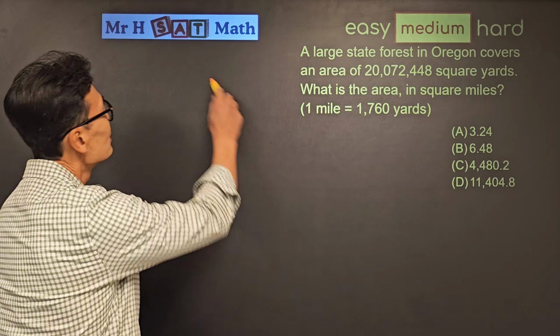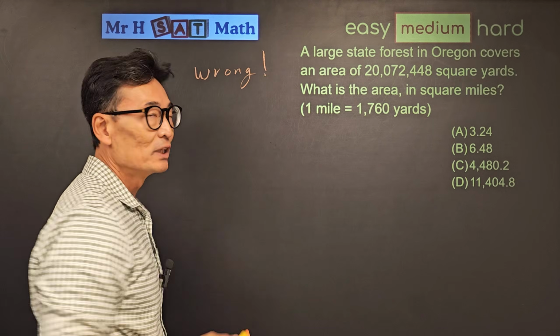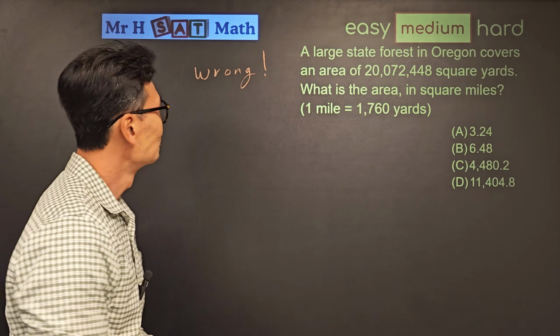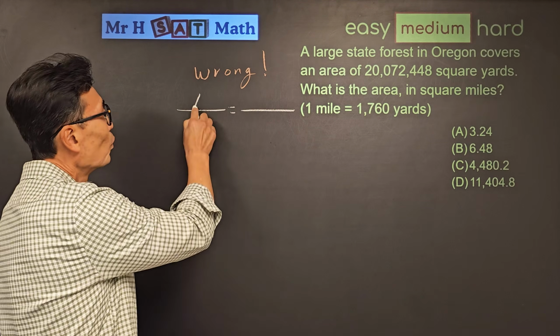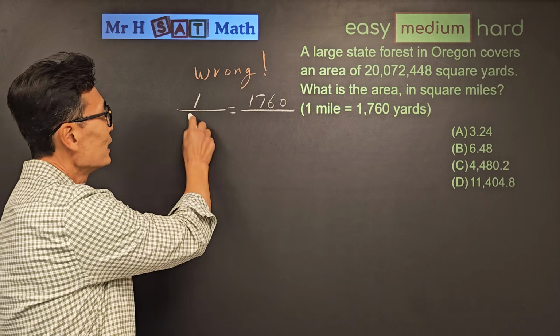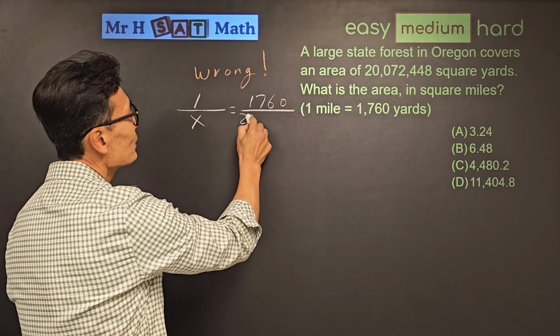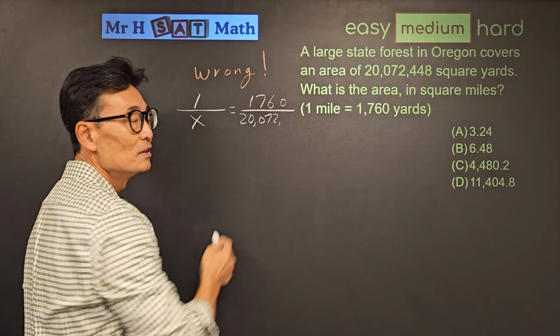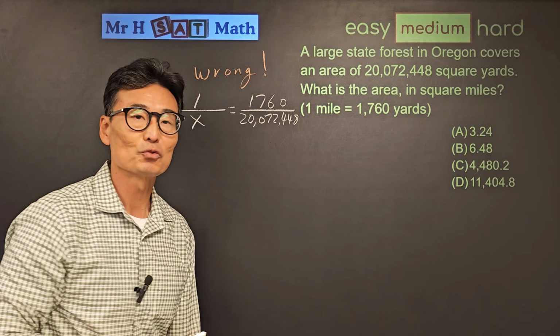First, let me show you the way where it's going to get you the wrong answer. We'll set up a proportion, 1 mile for 1760, and x miles, or x squared miles, for 20,072,448 square yards.